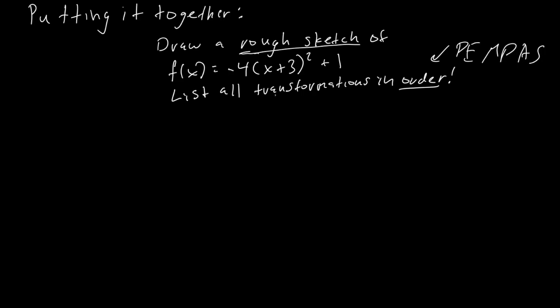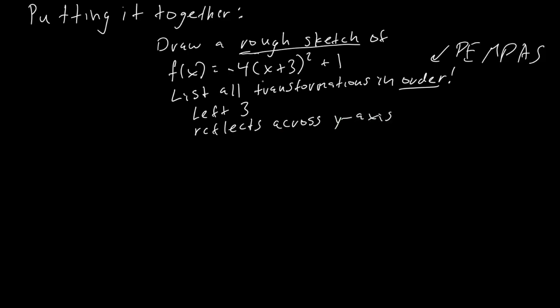So first we can list all the transformations from the parent function x squared. And we can see that first, there's a plus 3 here. And since it's opposite, that means it goes left 3. And then we can see that there's a negative 4 here. So it first reflects across the x-axis.